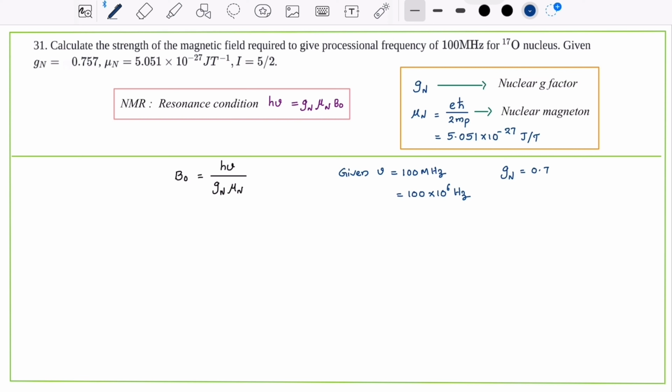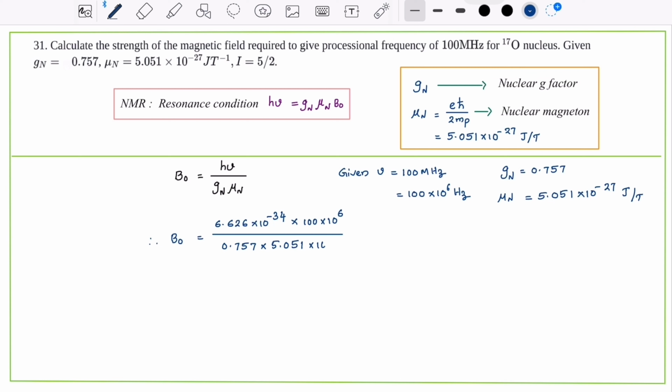The nuclear g factor is given in the question as 0.757, and the value of the nuclear magneton is 5.051 into 10 raised to minus 27 joule per Tesla. Therefore, B0 is equal to 6.626 into 10 raised to minus 34 into 100 into 10 raised to 6 divided by 0.757 into 5.051 into 10 raised to minus 27. That is, the magnetic field B0 is equal to 17.33 Tesla.